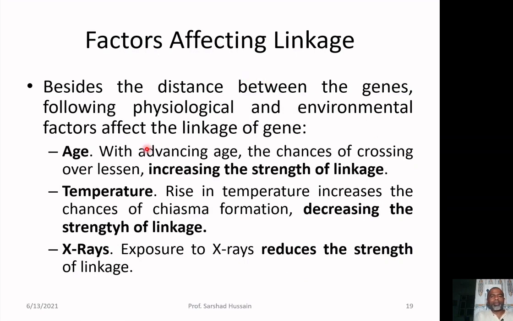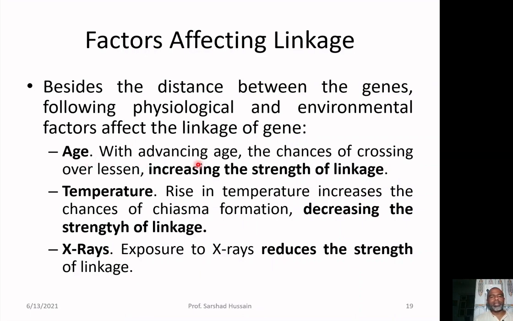One of the factors that we have discussed in the previous slide is the distance. That means, if the distance is more, you may have the chance to get the linkage broken. If the distance is less, then it will be a complete linkage, it will not show the new recombinant in the F2 generation. In addition to the distance, age is one of the factors.